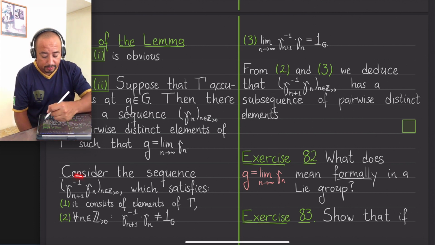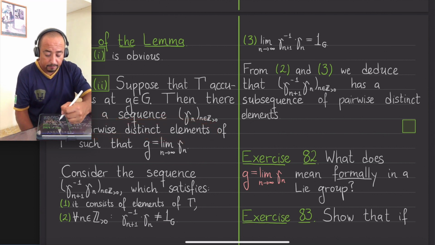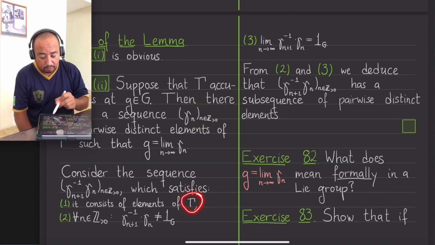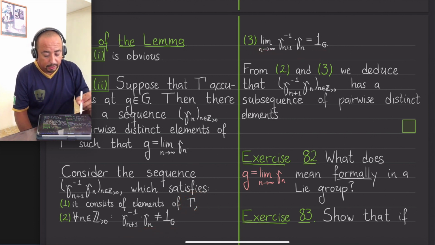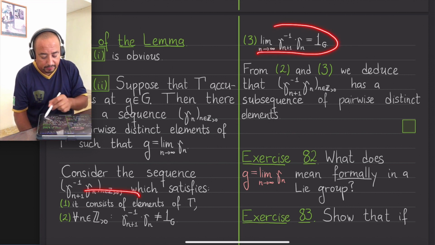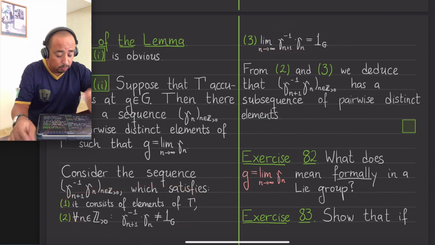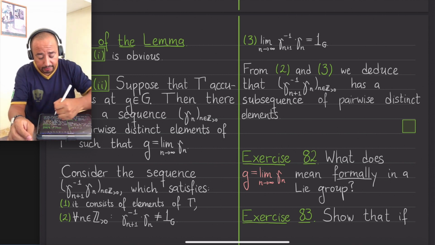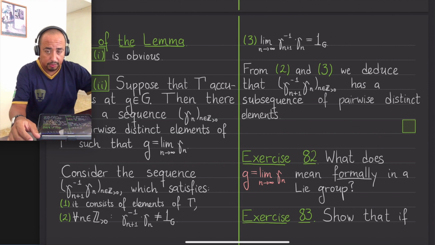So this is a sequence of elements of gamma, none of which is the identity, because there were no repetitions in the original sequence, and it converges to the identity. Then there exists a subsequence consisting of only pairwise distinct elements, because that sequence is not stationary.